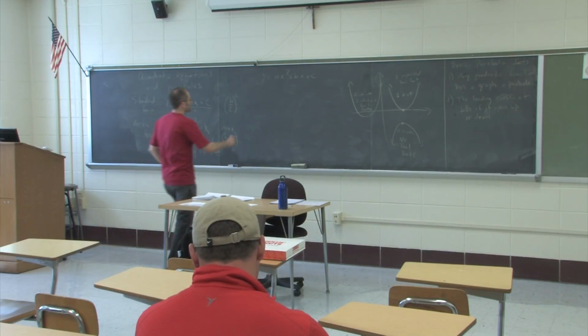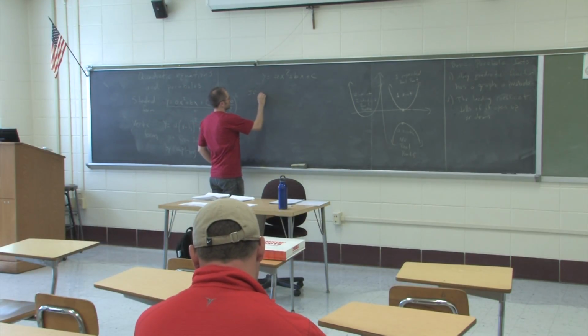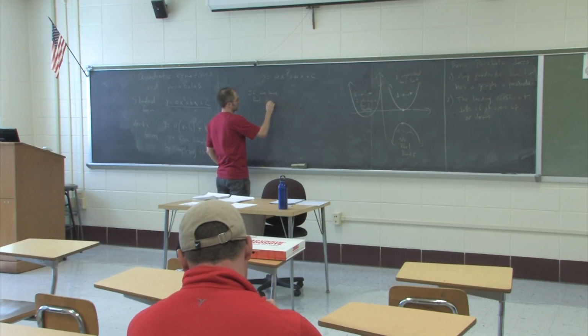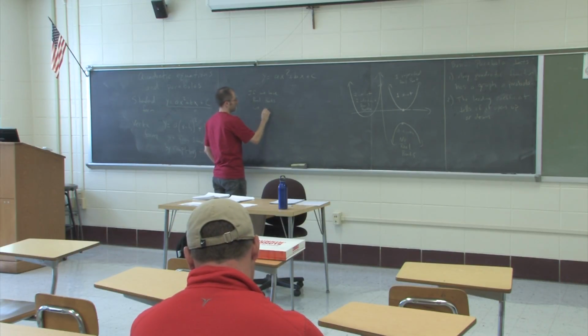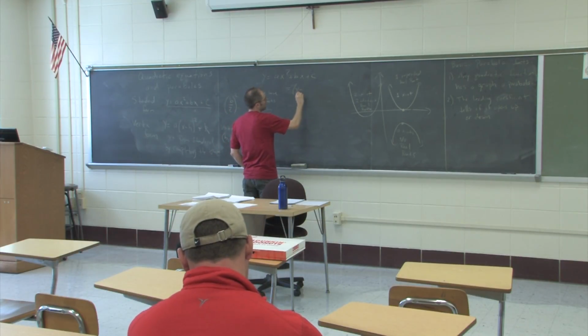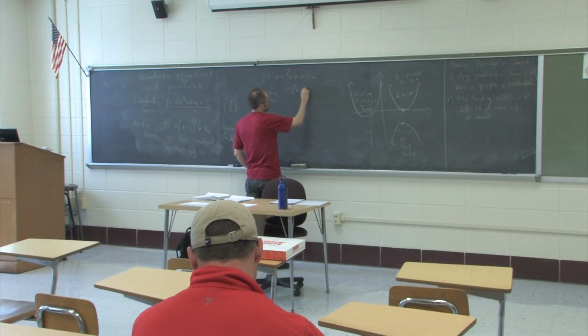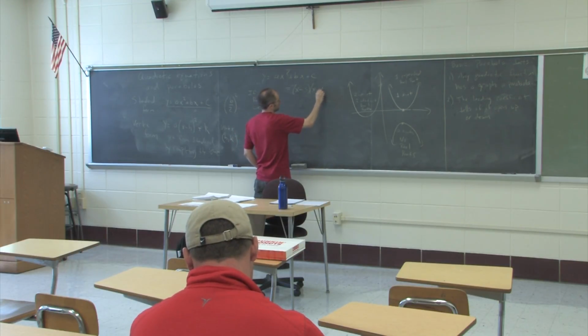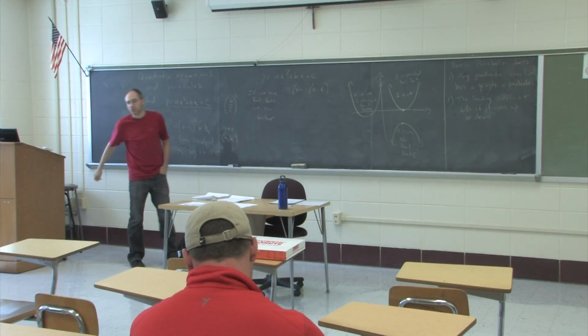So let me just say if we have real roots, we can factor this: x minus S and x minus T, where S and T are the roots.